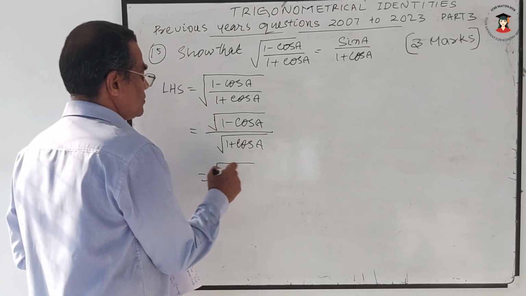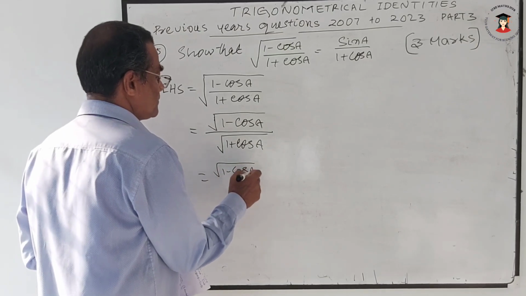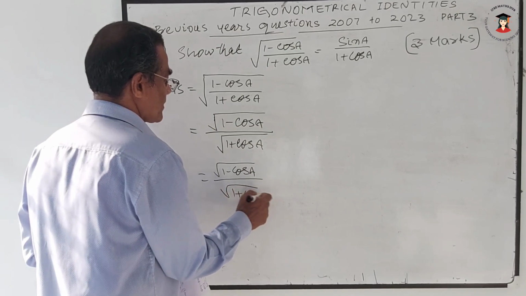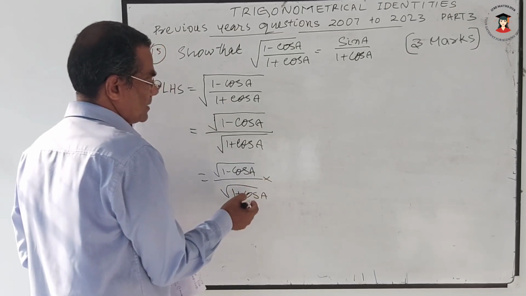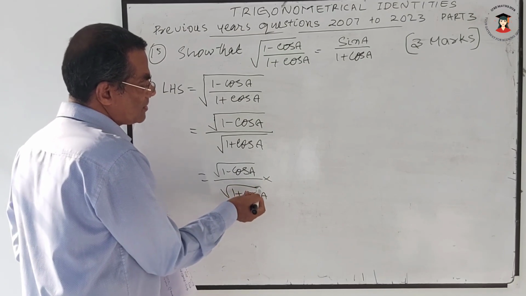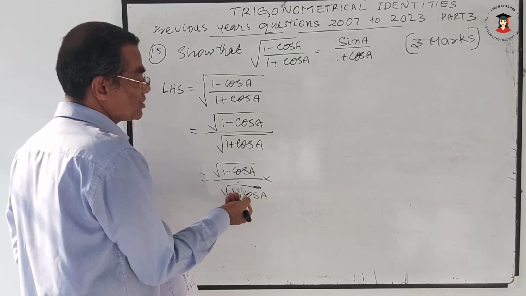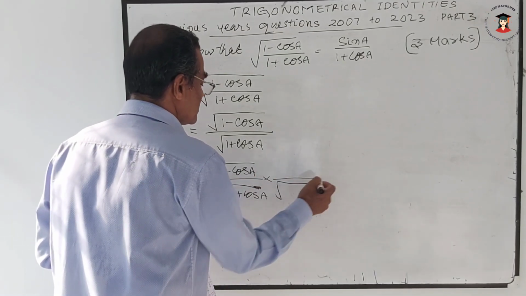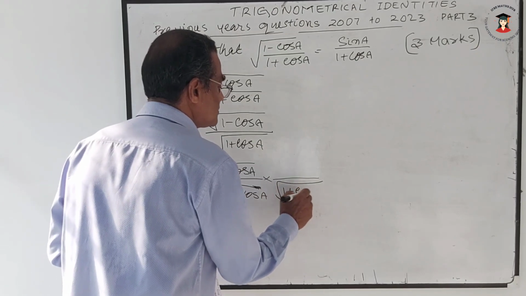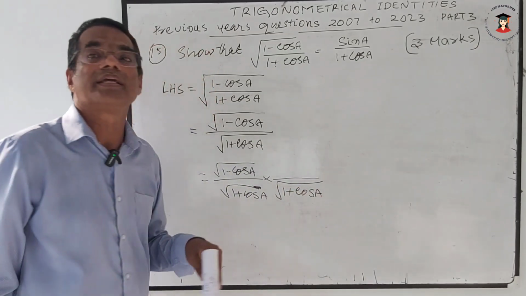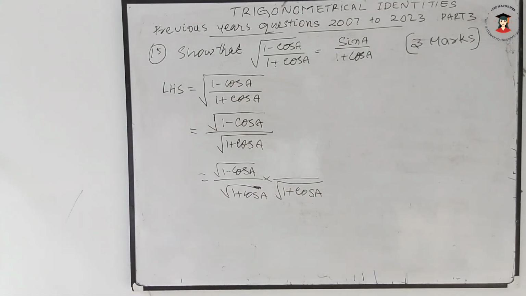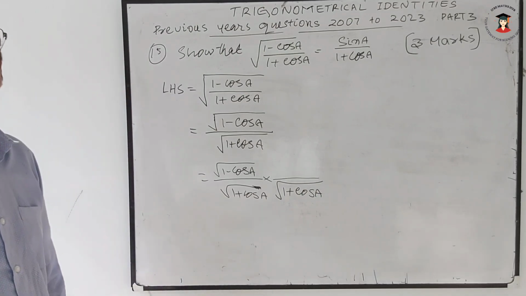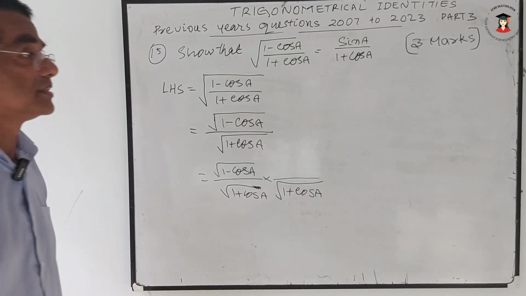So, root of 1 minus cos A divided by root of 1 plus cos A. We need to multiply this denominator with the root of 1 plus cos A. If we multiply either numerator or denominator of a fraction, we should multiply both the numerator and denominator.